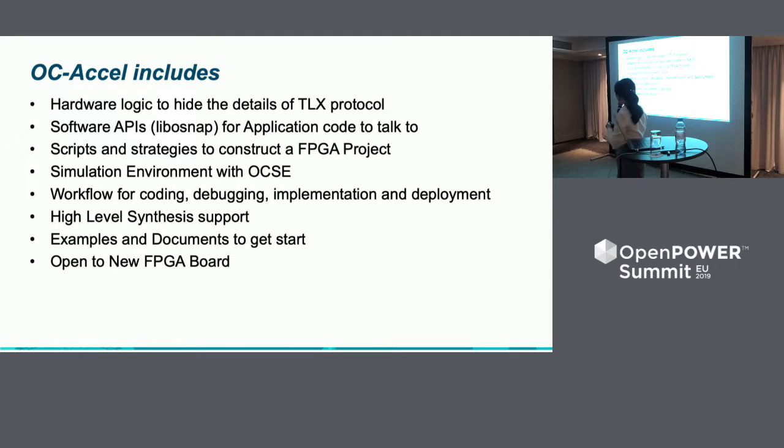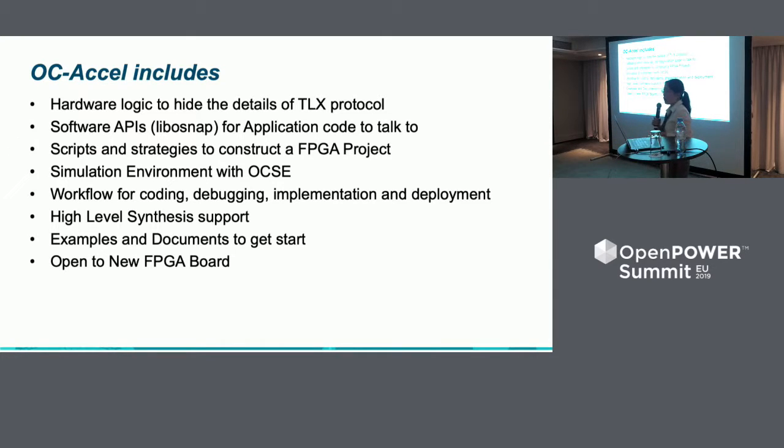So what does OC-Accel include? It has the hardware logic to hide all of the details of the OpenCAPI transaction layer. If you have downloaded the OpenCAPI transaction layer specification, you will see that the protocol is not very easy to handle, but OC-Accel translates it to the industry standard AMBA AXI4 bus.